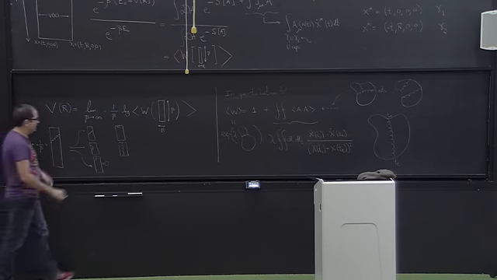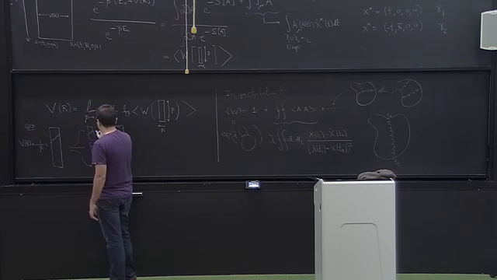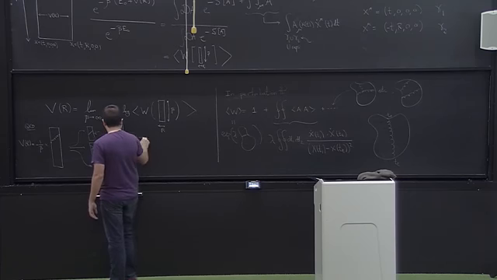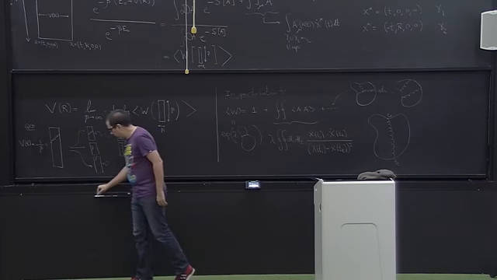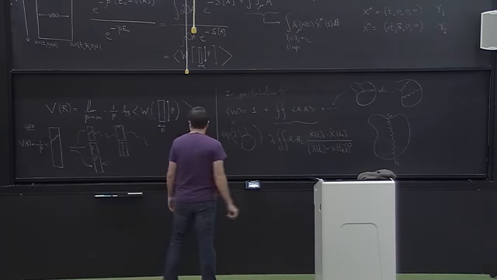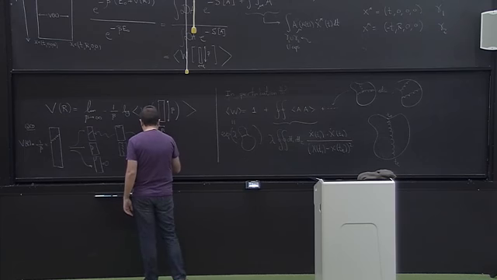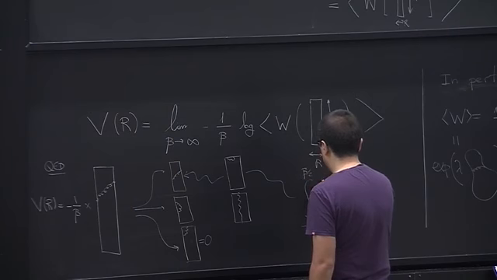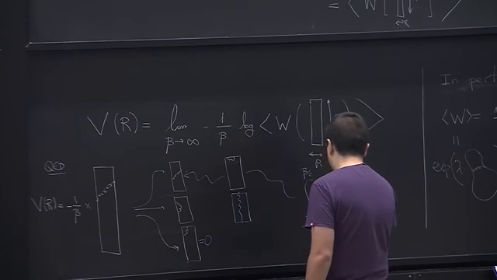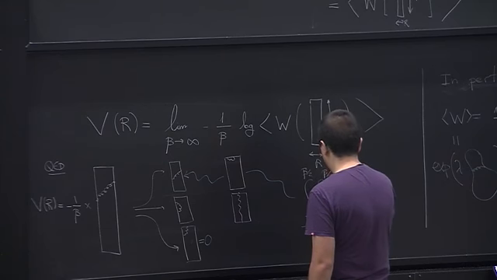So what about, now more interesting, let's see about this diagram here. Let's write it explicitly. So I integrate from minus beta over 2 to beta over 2.